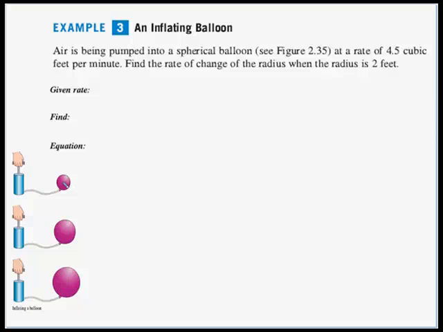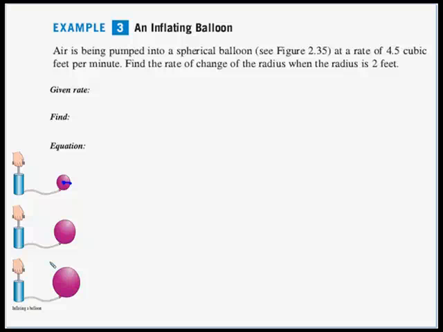So imagine this, here in the small balloon, the radius is pretty short. Every pump is the same amount of increase in volume. Every minute, we're putting another 4.5 cubic feet in. So in that first minute, 4.5 cubic feet will make the balloon go pretty big, and the radius will grow. As the balloon gets bigger, each minute it won't grow as fast because of the massive increase in the volume.